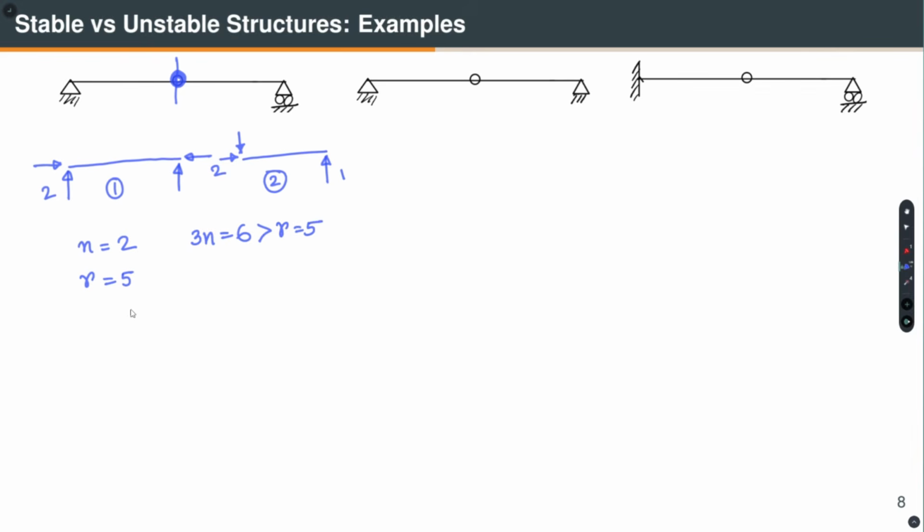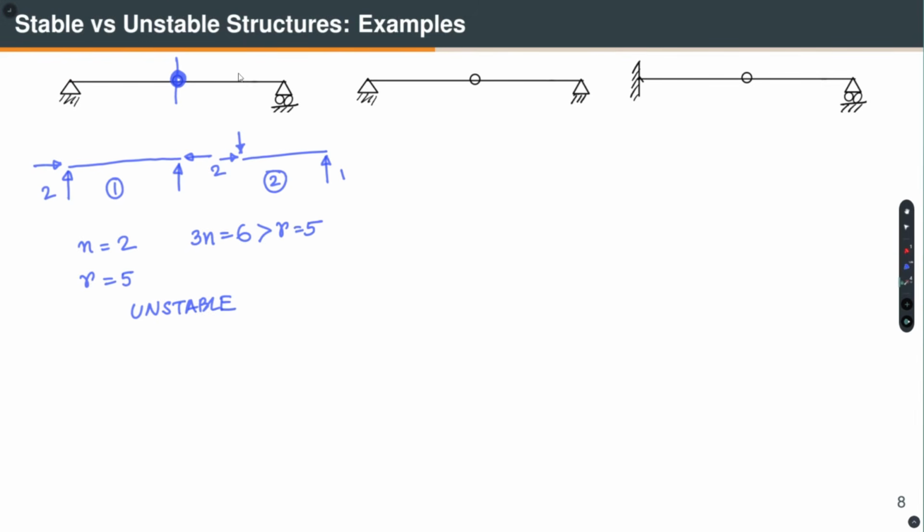So, this is unstable, which is also easy to understand. If you apply some load somewhere, what will happen? This will move and it will form a collapsible mechanism like that without offering any resistance. So, that is a rigid body mode of displacement.